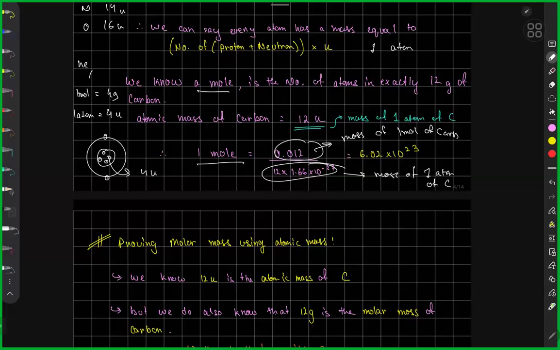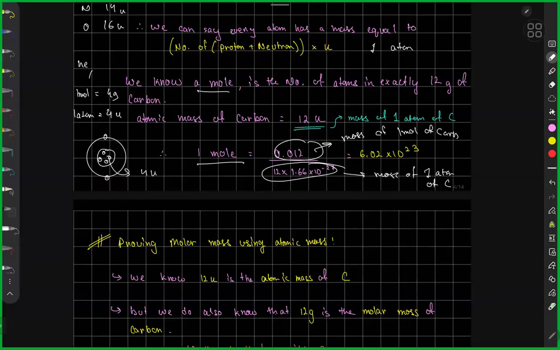Okay? So what do we ultimately get? The number of particles in 1 mole. When I have 12 grams of carbon and divide by the mass of one atom of carbon, I ultimately get how many atoms there are in 12 grams of carbon. This is 6.02 times 10 to the power 23. Okay?